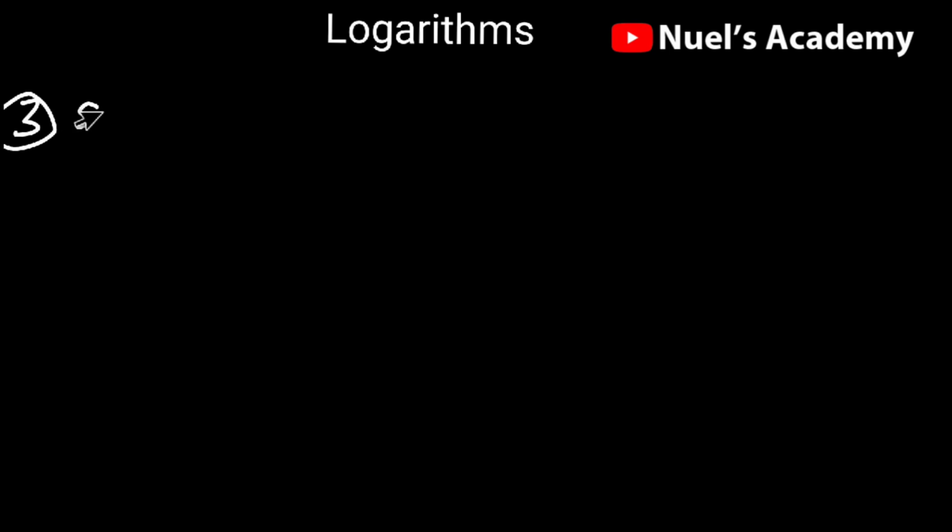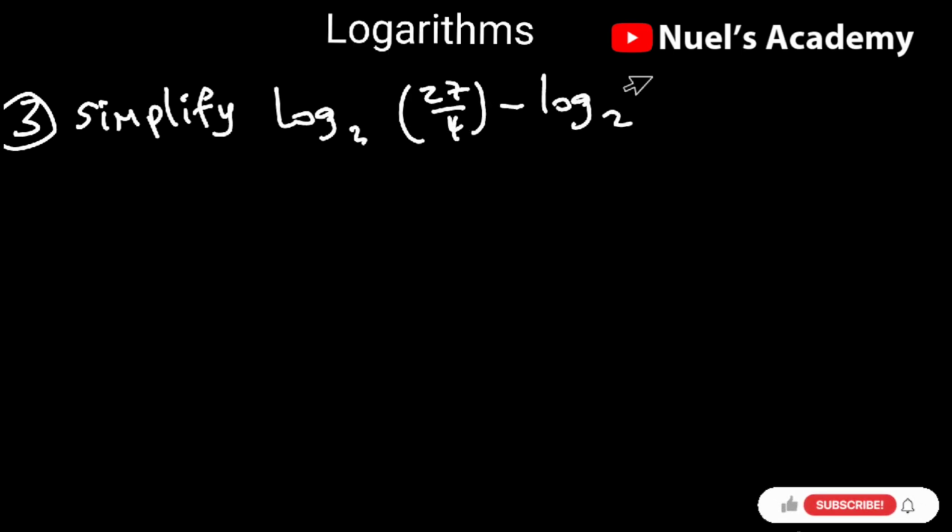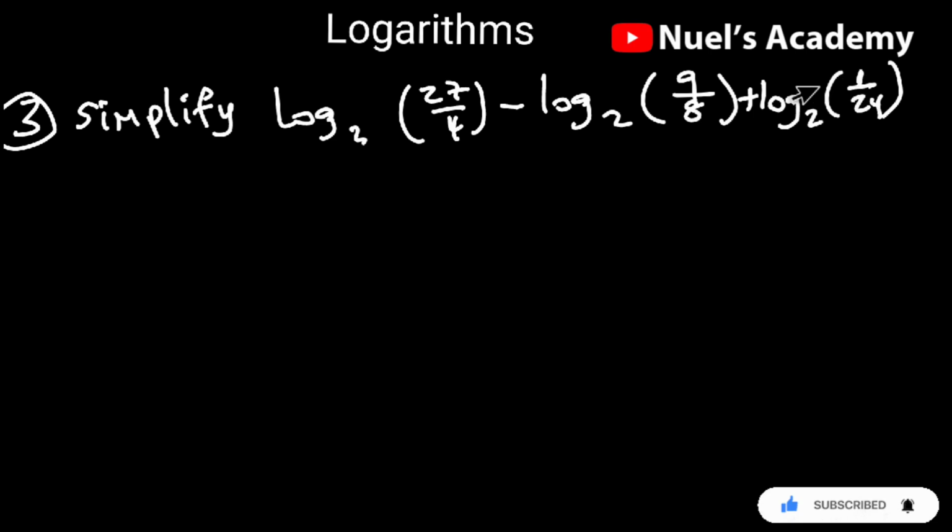We are going to simplify log base 2 of 27/4 minus log base 2 of 9/8 plus log base 2 of 1/24.